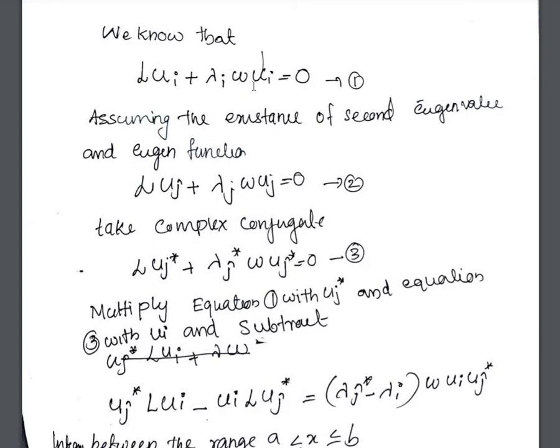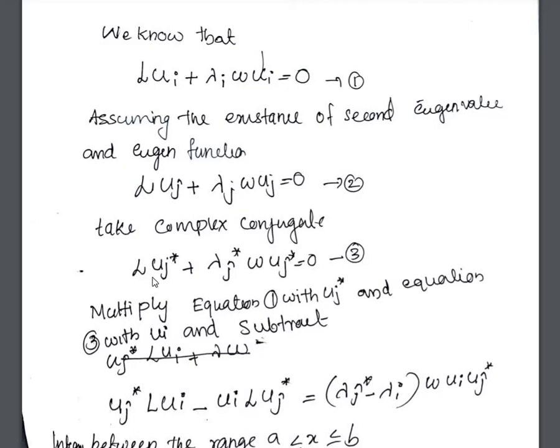Then we have to subtract equation 3 from 1. So first we multiply this equation by uj star: uj star L ui plus lambda i uj star w ui, that is equal to 0.